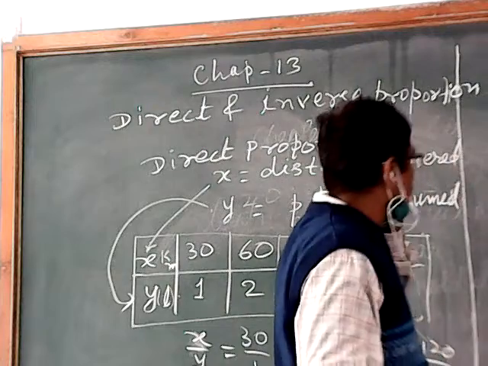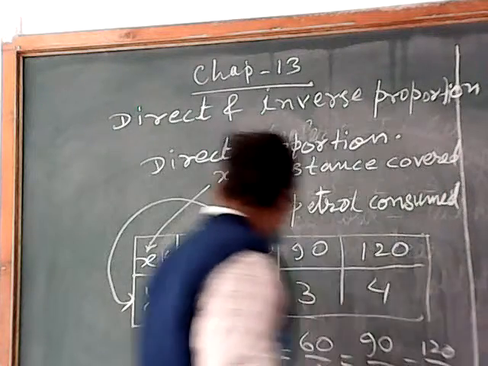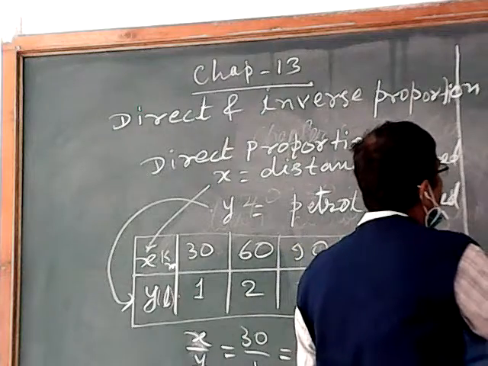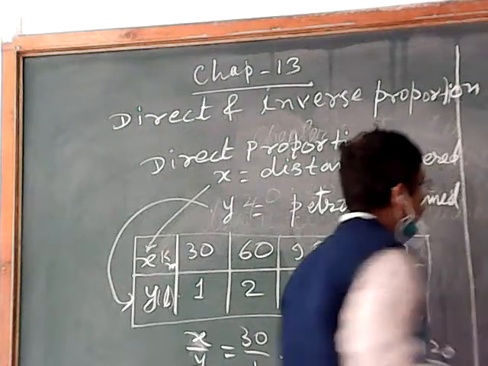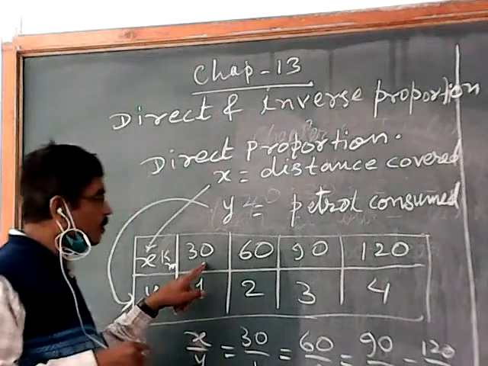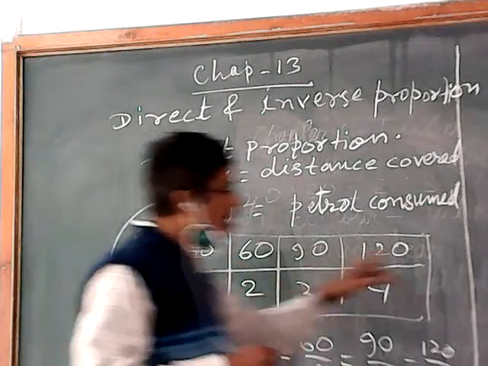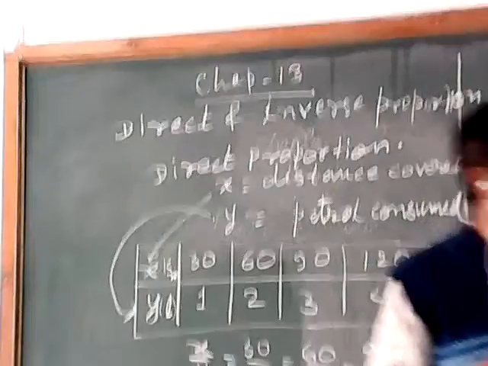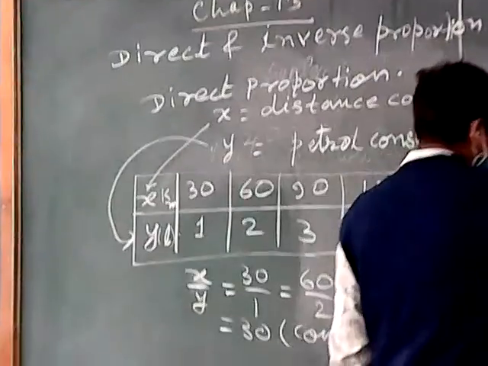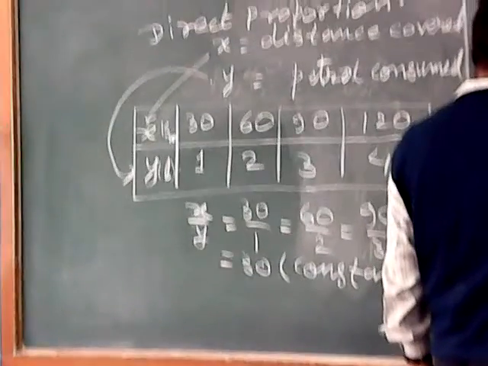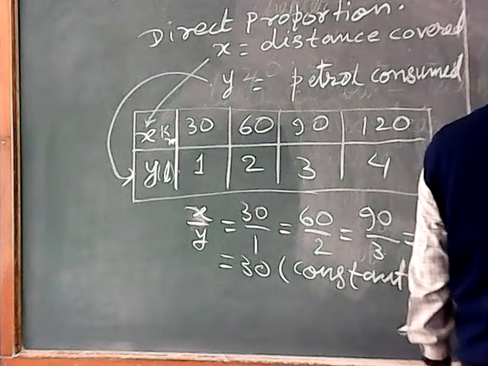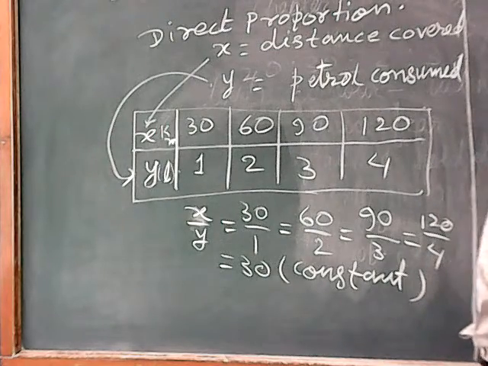Now how do we write this? Actually, here these are different values for the variable. So we write the first value x1, a particular value of variable x, 30 for example, and y1; x1 by y1 is equal to x2 by y2 is equal to x3 by y3 is equal to a constant.